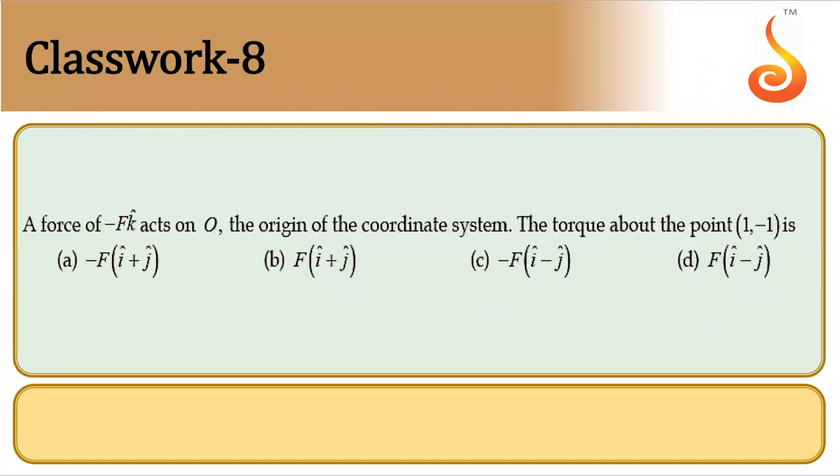A force of minus F k cap acts on O, the origin of coordinate system. The torque about 1 comma minus 1 is. So force is what? Minus F into k cap.